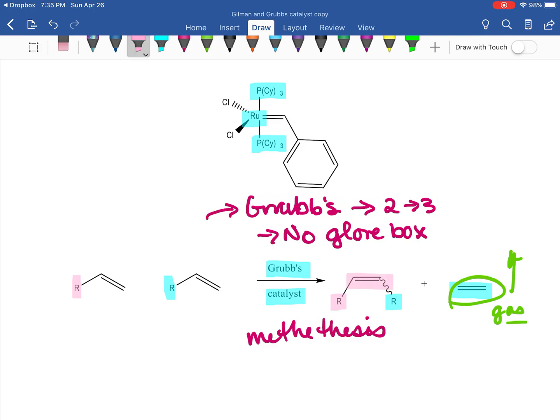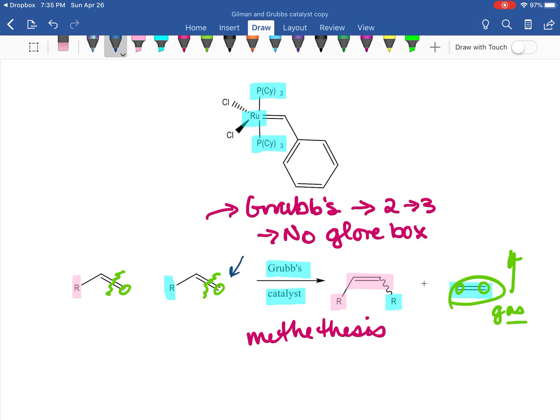So ruthenium can take on and add in those olefins, but the second it spits out this combination, you lose this as a gas. And so the other two that are left behind are giving you this product, this metathesis product.